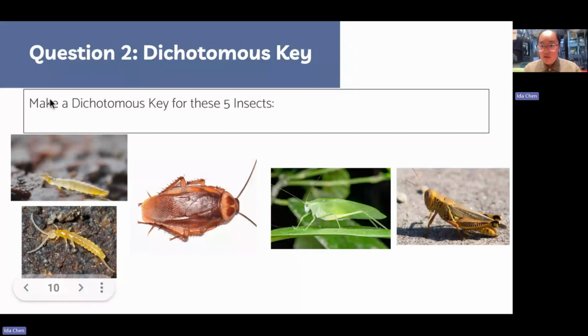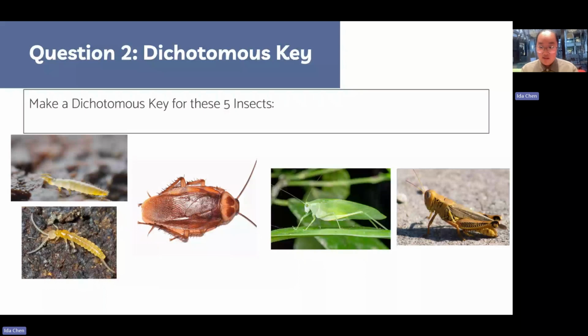So I can give you an example of a dichotomous key. This is a dichotomous key for leaves. You have an order of operations to go through, and slowly you can narrow down what kind of leaf it is. For example, if I take a look at this leaf here, at A, step number 1 is needle leaf or non-needle leaf.